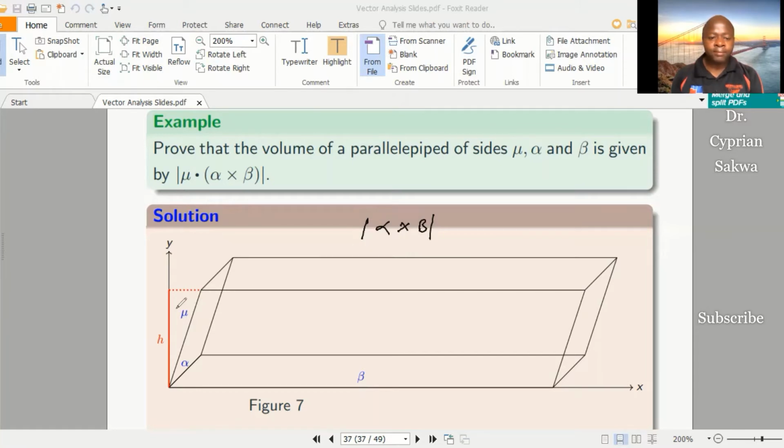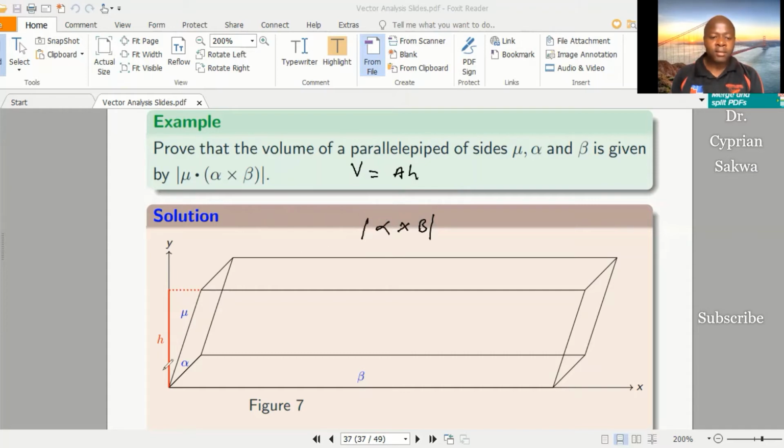But now what we want is to show that the volume is given by, what we know is that volume is supposed to be given by base area times height.